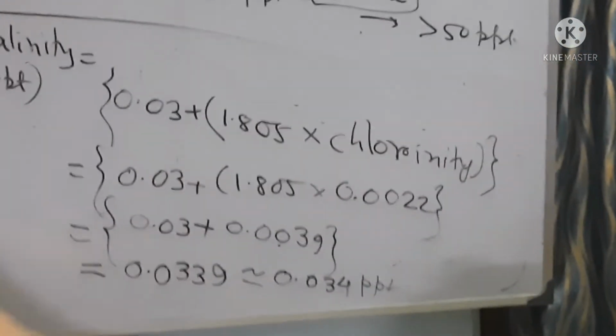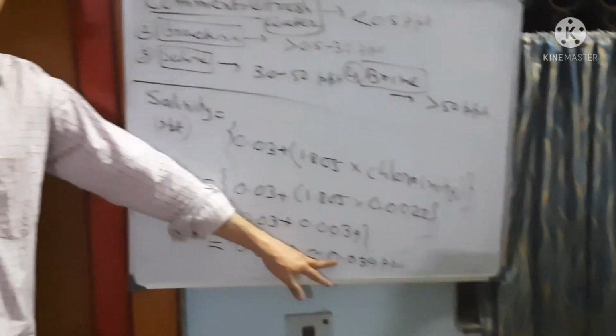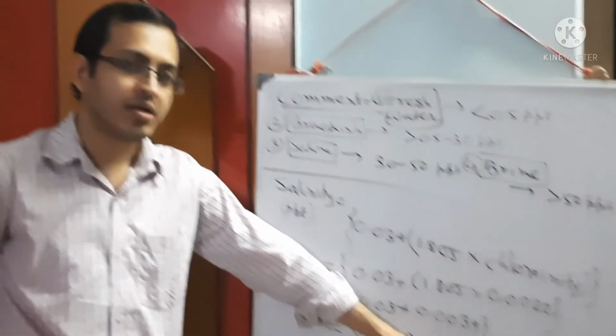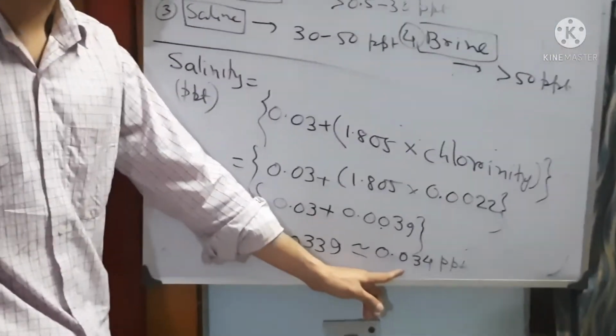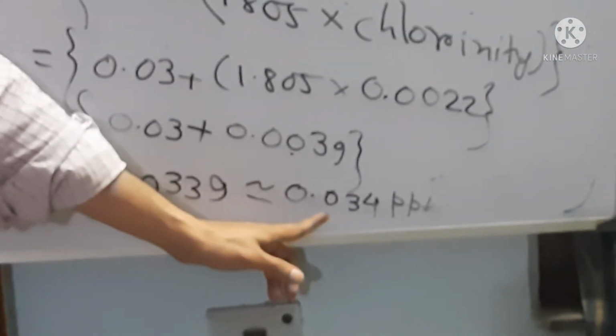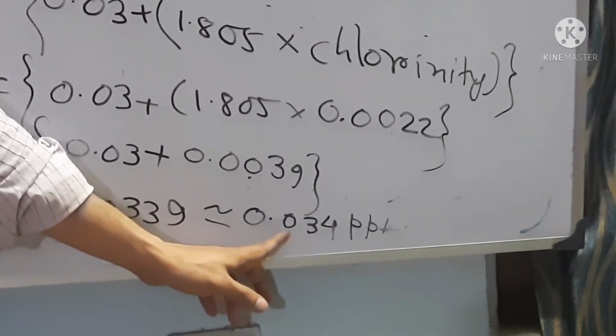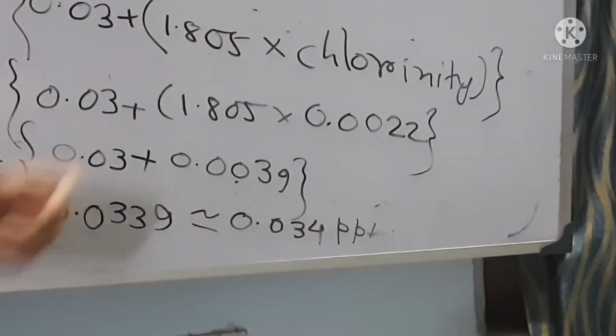So today in our experiment, the calculated value of salinity is 0.034 ppt.